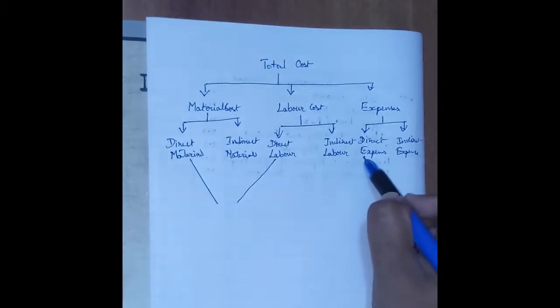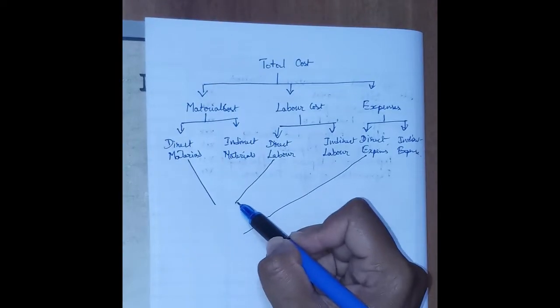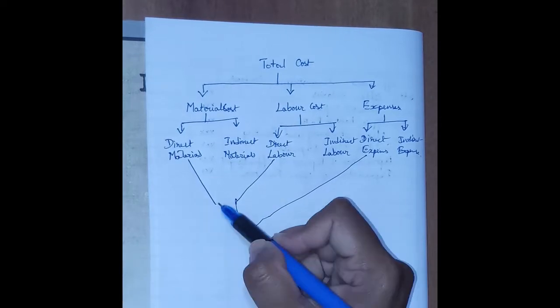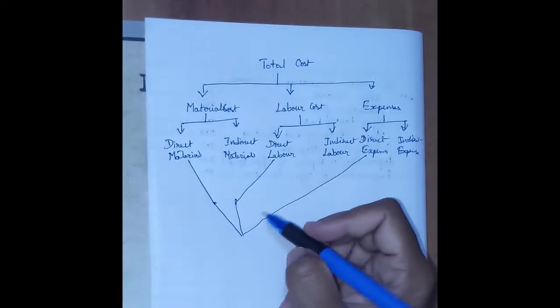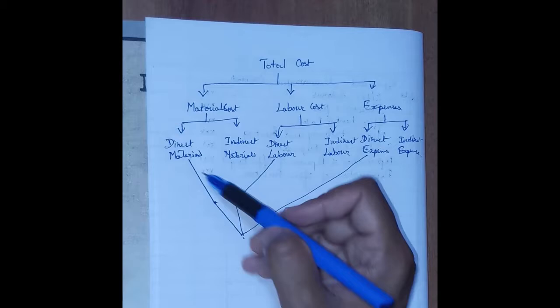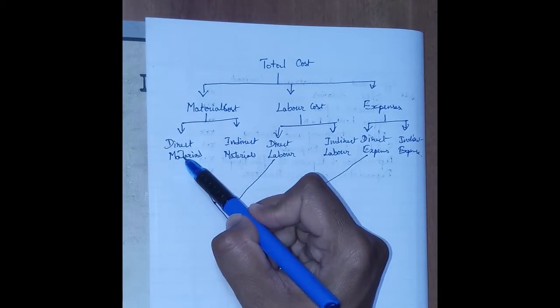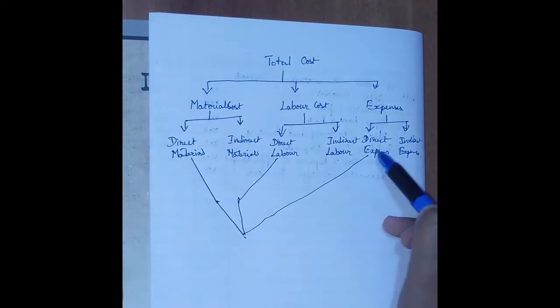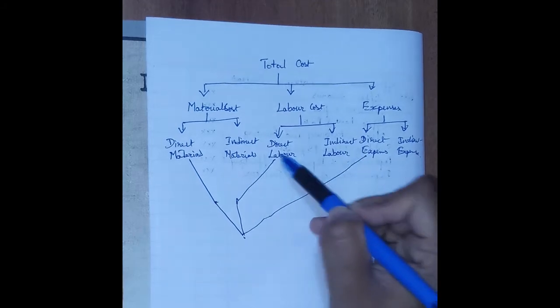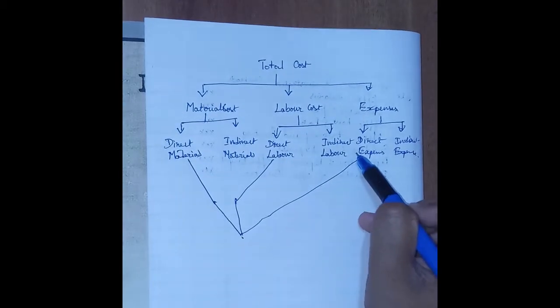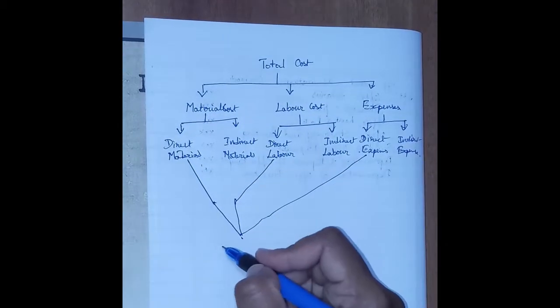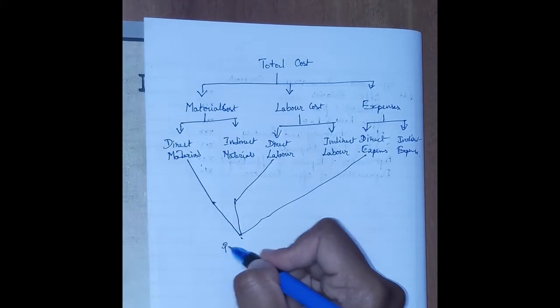All your direct items will combine together, and from direct material, direct labor, and direct expenses, if you add these three factors, you will get prime cost.